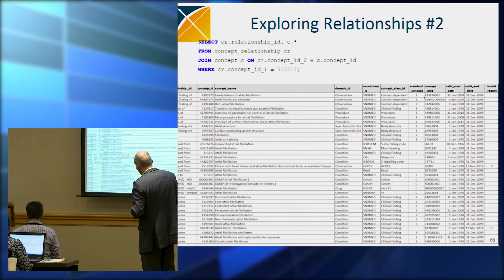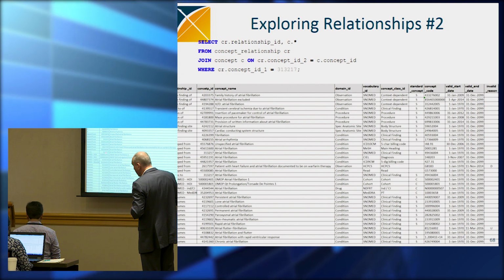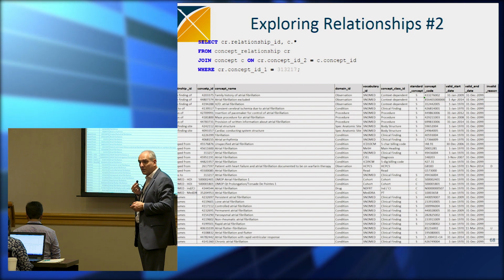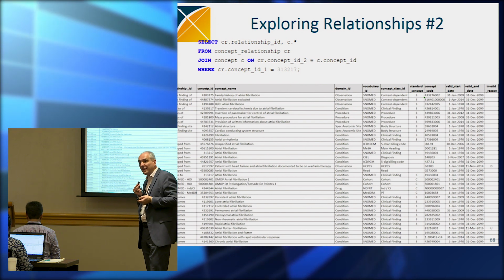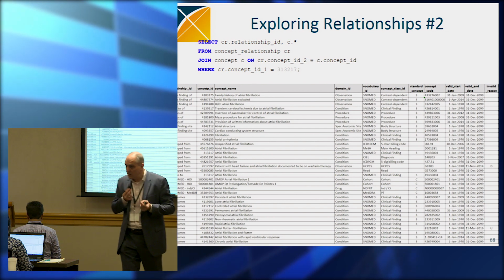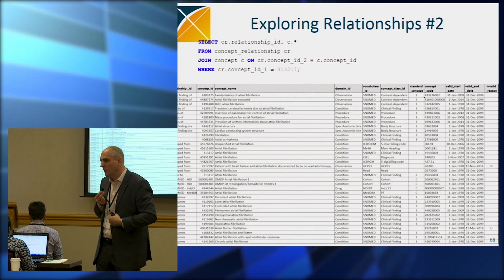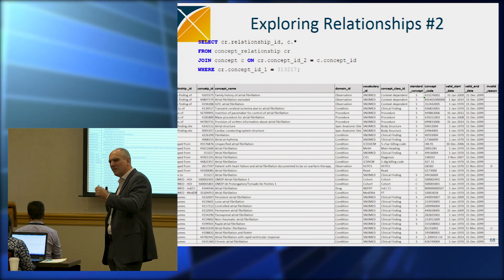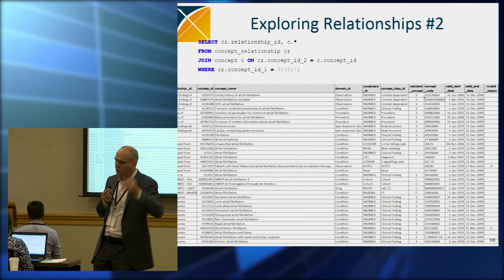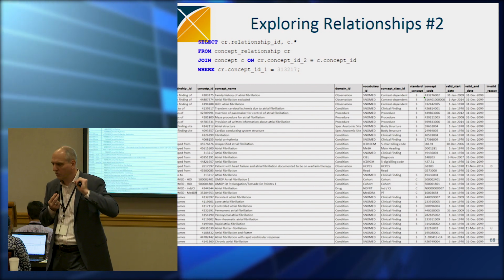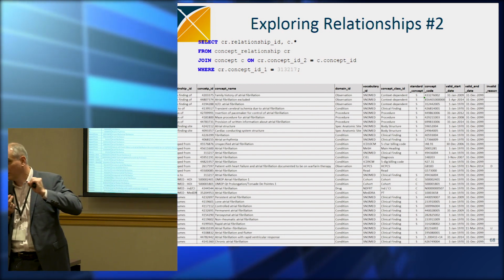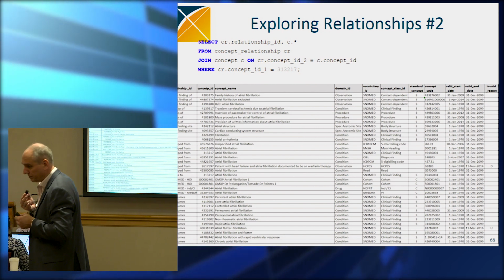There's a maps to relationship from 313217 to 313217, because it already is a standard concept, and standard concepts map to themselves. So if you want to map a concept, you don't even care what it is, you just throw it into the concept relationship table. If it's already a standard, it'll just give it back to you.